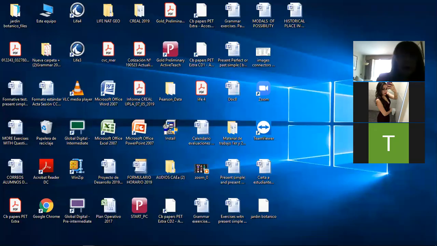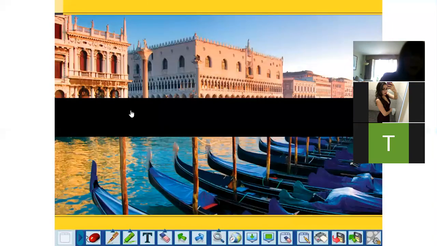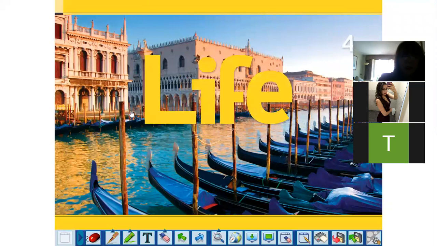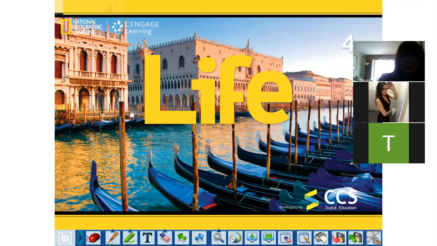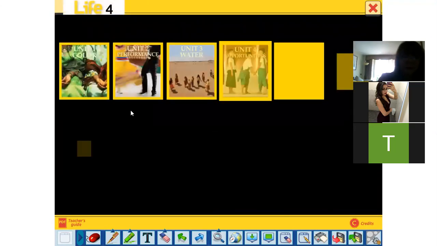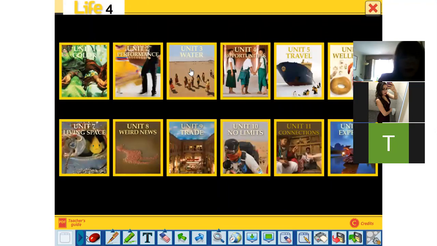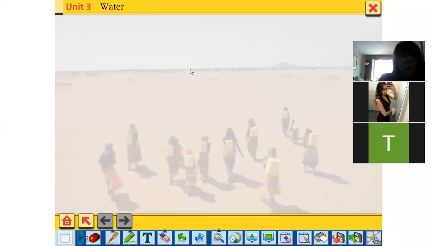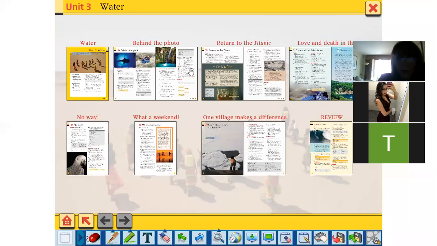Okay, so I have to look for Life 4. Here it is. And this is Unit 3, Life 4, and 3D for the priorities.